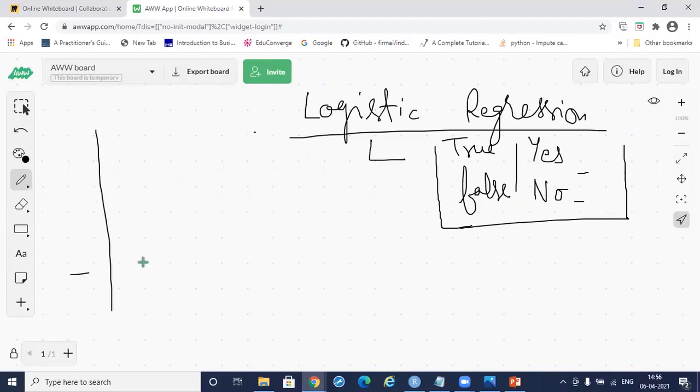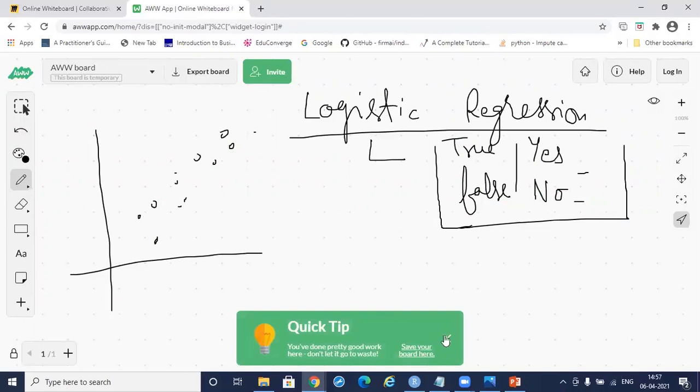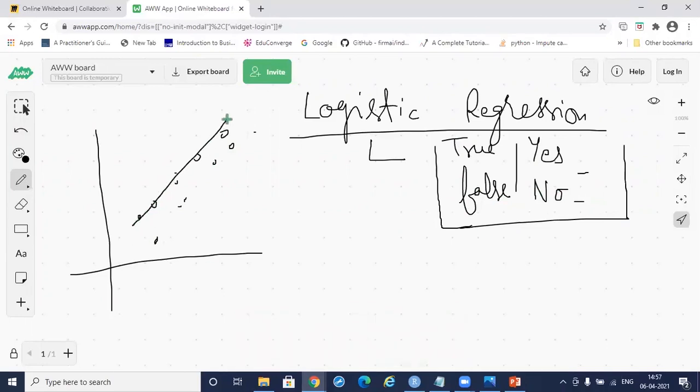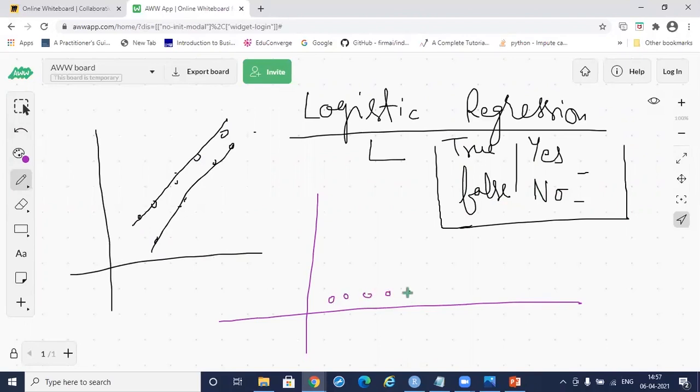Generally, when we do linear regression, my data represents continuous values and my best fit line moves in that direction. But sometimes a situation arises when my data represents either yes or no circumstances.